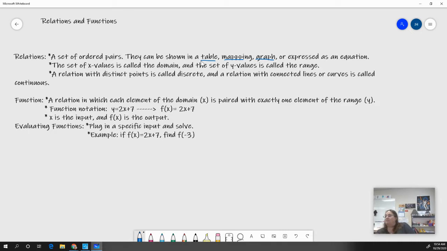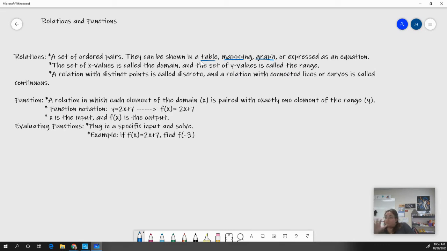Every X has to pair with something, every Y possibility doesn't. And every X can only pair with one Y, right? And I'll show you what I mean by that in mapping in a little bit.